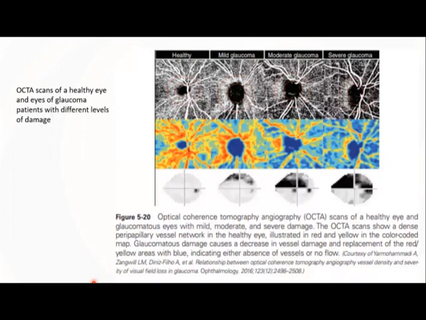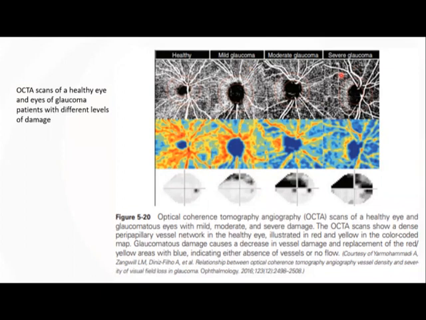And these are OCTA scans. First, this one is a healthy eye. This is mild glaucoma, this moderate glaucoma, and severe glaucoma. Here in the healthy eye, the scan shows a dense peripapillary vessel network, and this is indicated by red and yellow in the color code map.